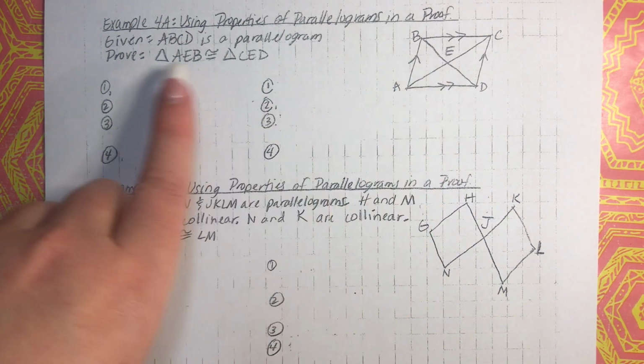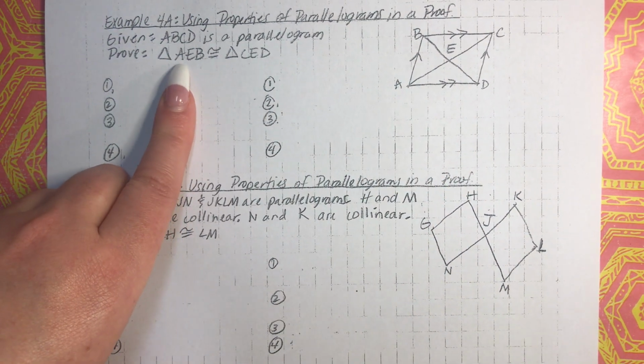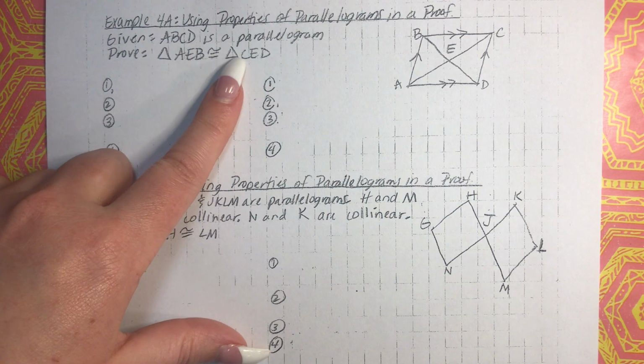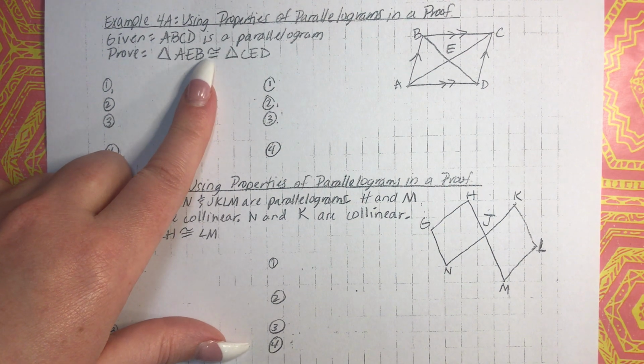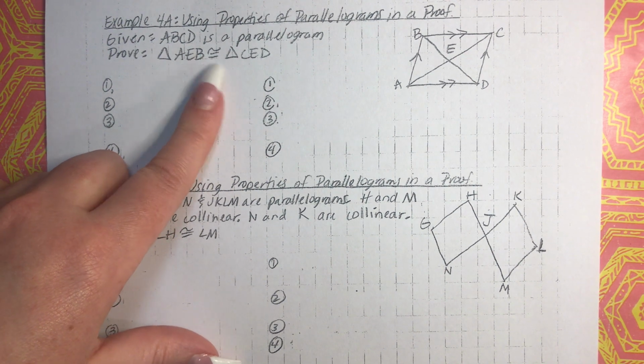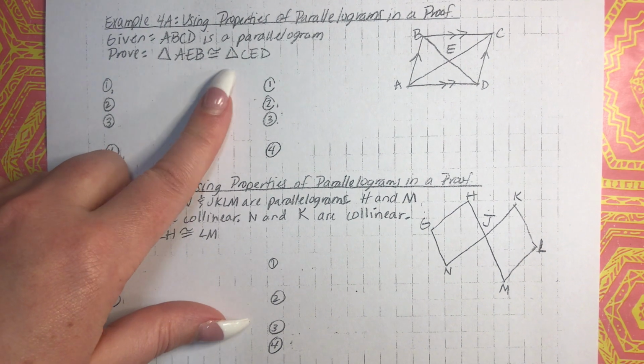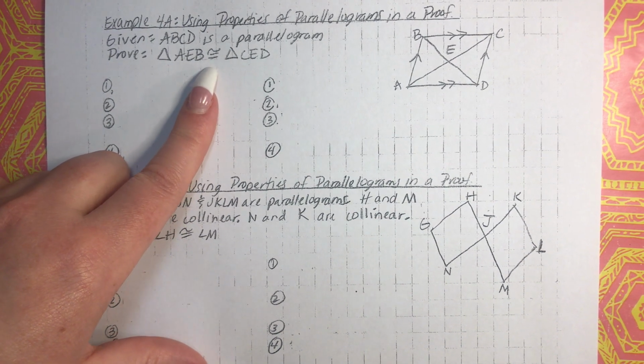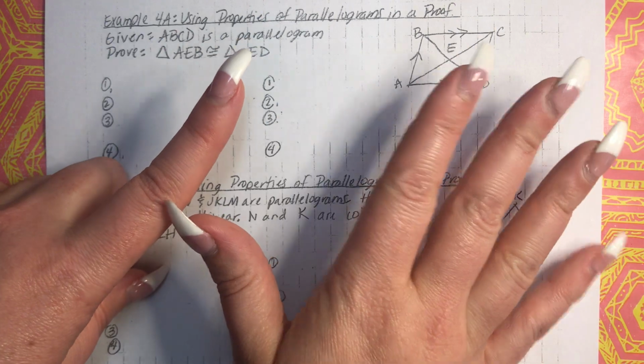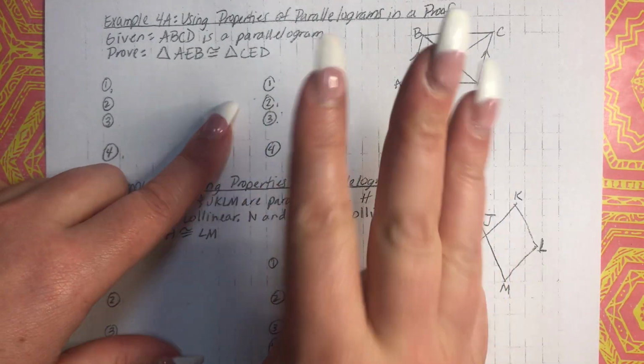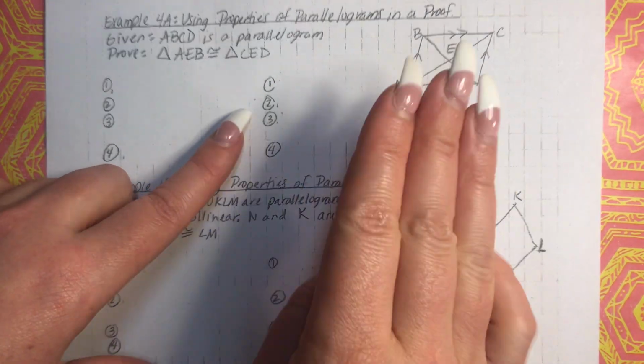Ooh, fun. So we're using triangle congruence, right? So remember, how do you tell two triangles are congruent? There was the definition of congruent triangles where you needed 6 pieces of information, or there were the cheat rules where you only needed 3. I'm saying let's use the cheat rules.